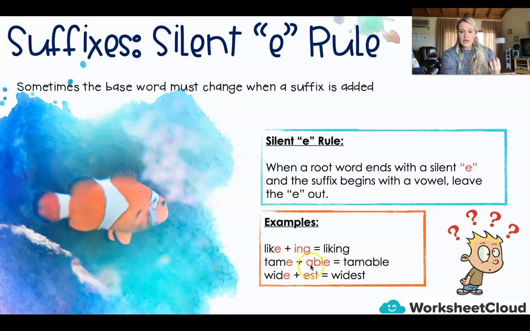We've got a vowel there, so we say tameable, and you can see now we don't have that E there anymore. Same as with wide and ist. We've got a vowel, and we remove that E, we know it as the silent E rule, and we spell it widest with only one E. We don't have that double E over here.